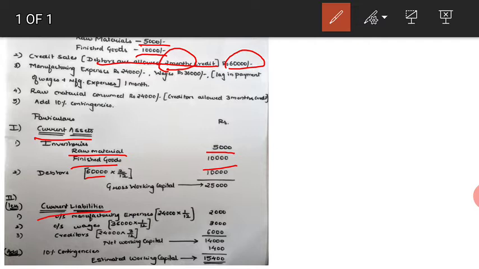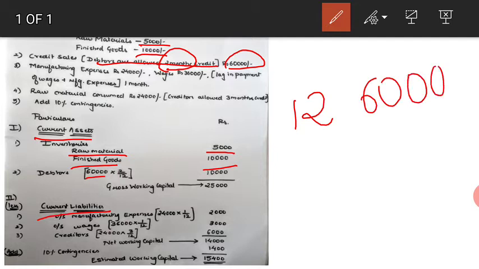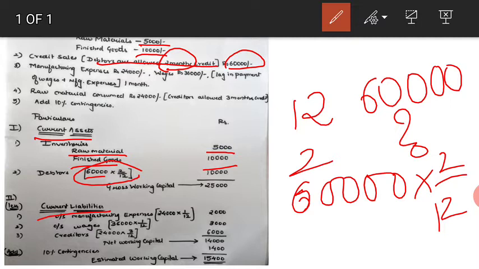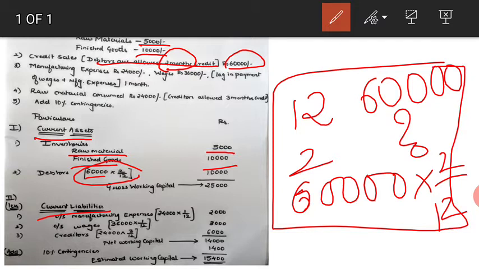So for 12 months it is 60,000, and for 2 months it would be 60,000 into 2 divided by 12. I hope you're clear with this concept of converting the total into the months which we require. So 60,000 into 2 by 12 gives us 10,000.